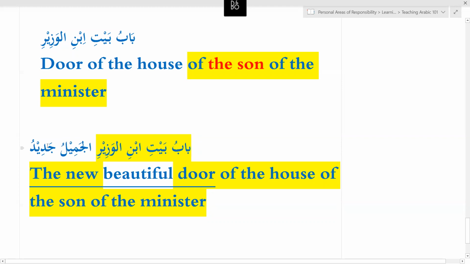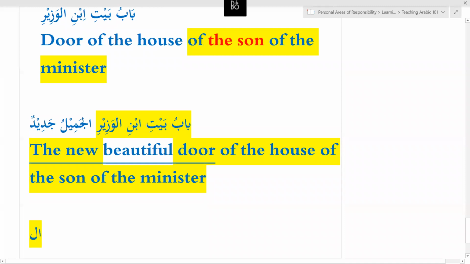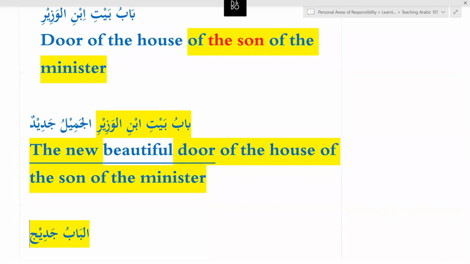If I do that, I break the chain. It becomes of the format like Al Babu Jadidun.